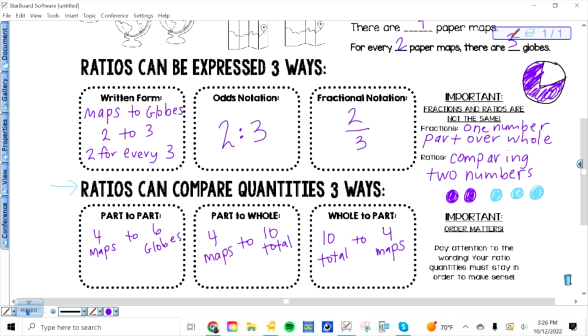Okay. And the thing that is important to remember is talking about order. So you have to keep things in the same order, right? So if we're looking at miles per hour, that's a ratio. We're looking at 65 miles per 1 hour. We wouldn't then want to say, well, now I'm running a 12-minute mile, 12 minutes to 1 mile.